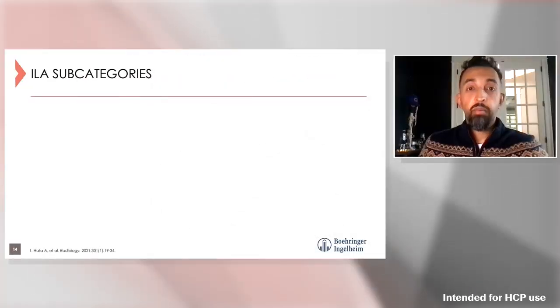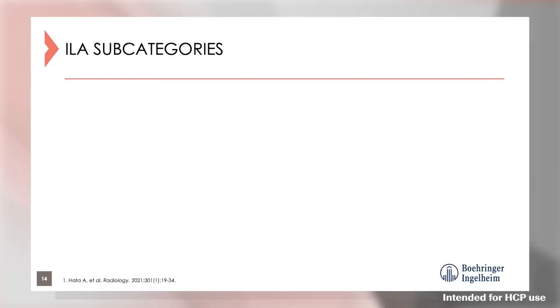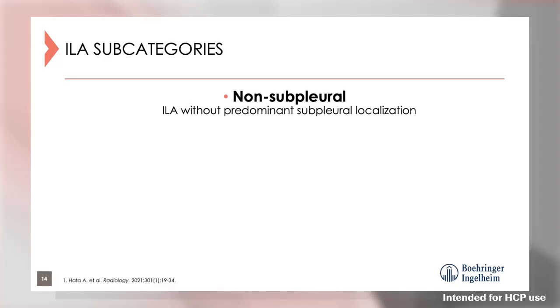One thing to consider when you are reporting ILA on cross-sectional imaging is to place ILA into different subcategories. Some of the subcategories are listed here. The first one is the non-subpleural category, and this would be interstitial lung abnormality without predominant subpleural localization. A second subcategory is subpleural and non-fibrotic.